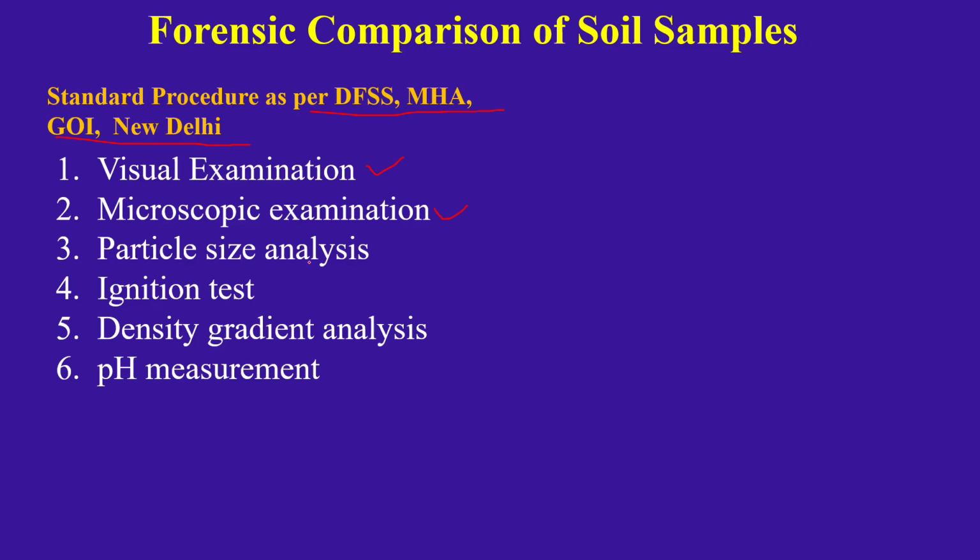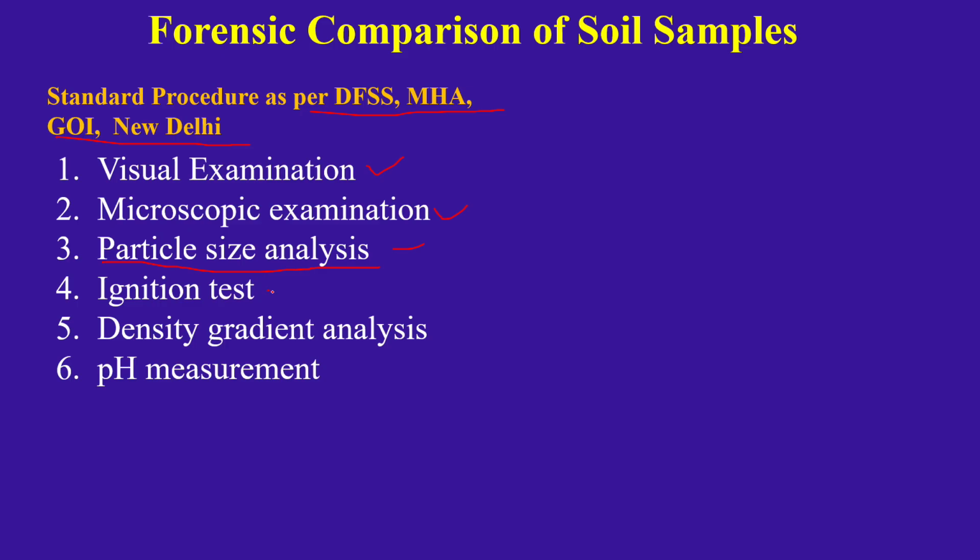Another is particle size analysis. If both soil samples are the same or similar, the particle size and constituents of the soil should be similar. So this technique is used for particle size analysis.